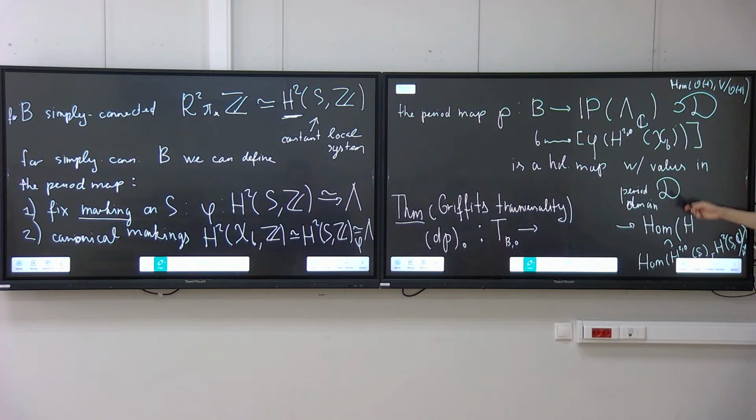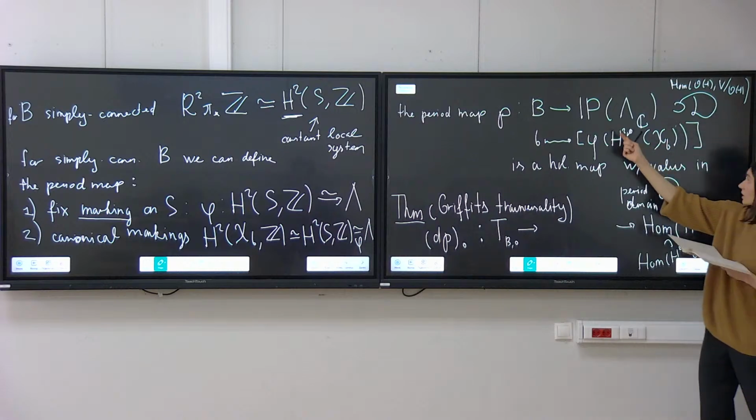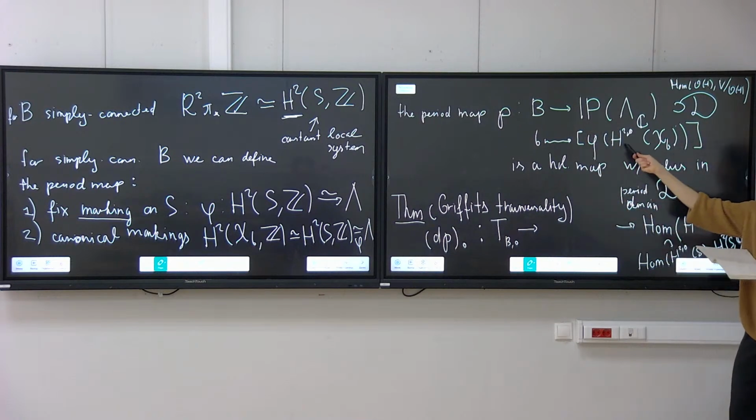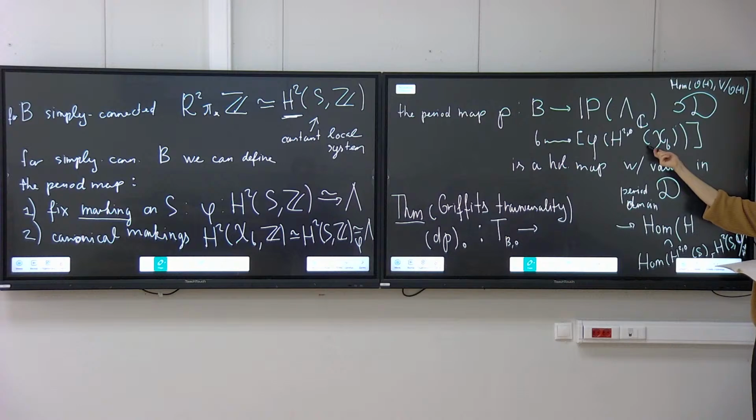Here I just write down what is this tangent space to projective space in our case, because here the tautological subbundle corresponds to the 2-0 part, right?